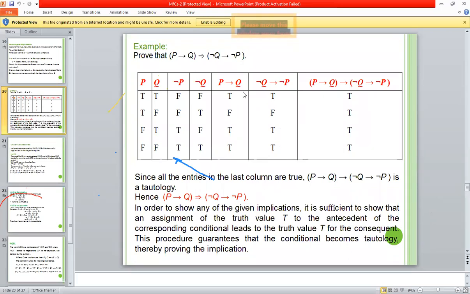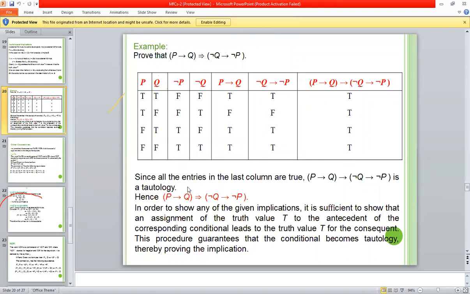Okay. So from here we observe that LHS of the given formula and RHS of the given formula have the same truth values. Then P implication Q implication negation Q implication negation P has the truth values true, true, true, true.